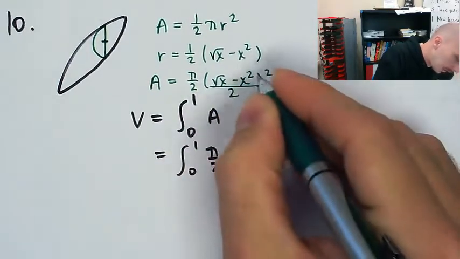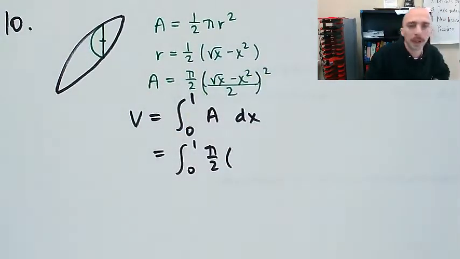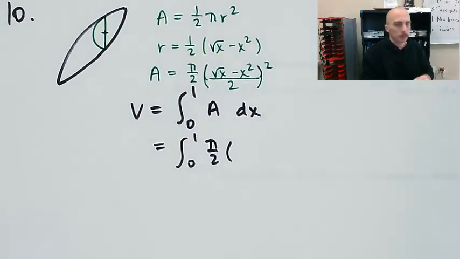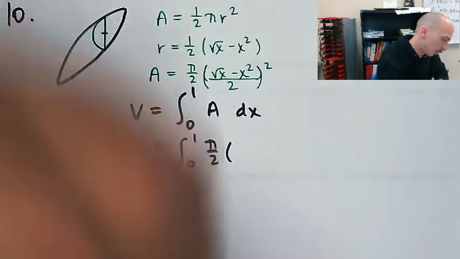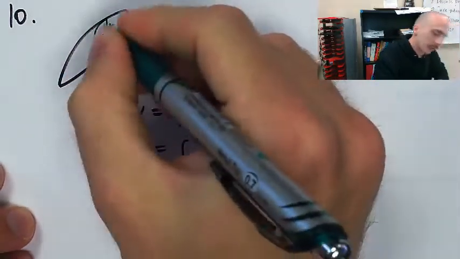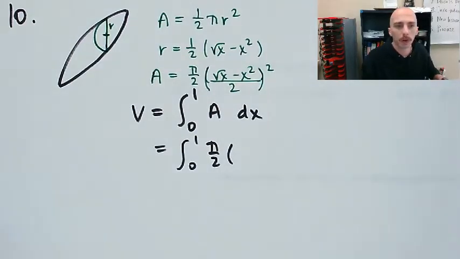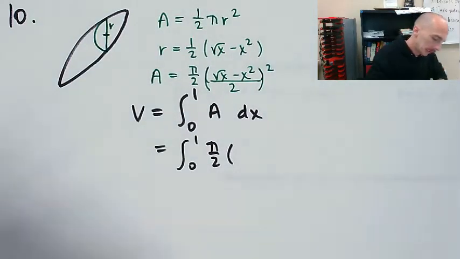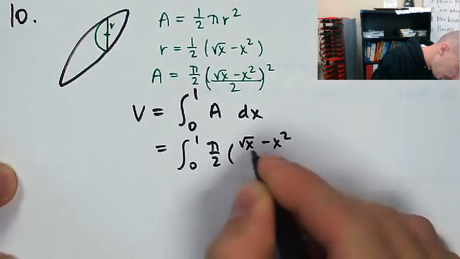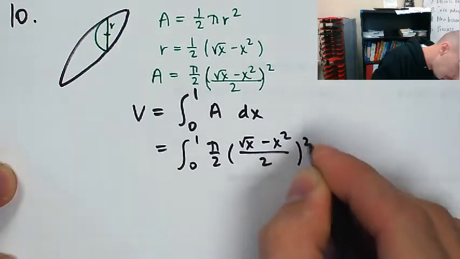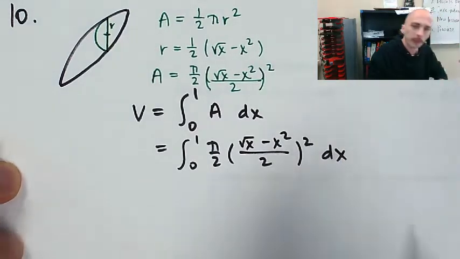So I'm going to put that in like that, maybe extend these a little bit, and now we're good. Caught it just in time. Like I was saying, the radius is right here. It's just half of the vertical distance between the two curves. So it's square root x minus x squared divided by 2, squared, dx.